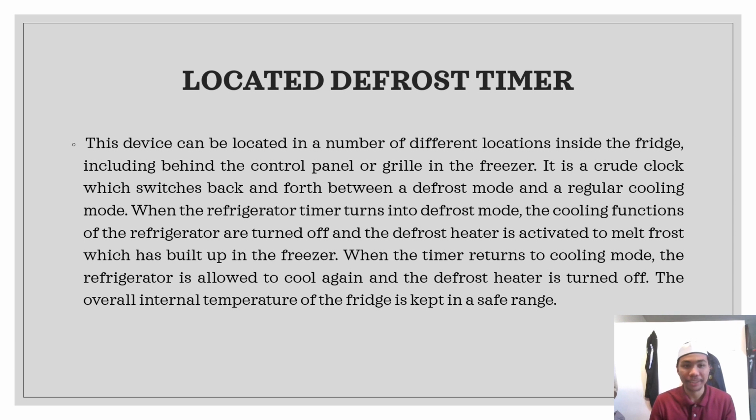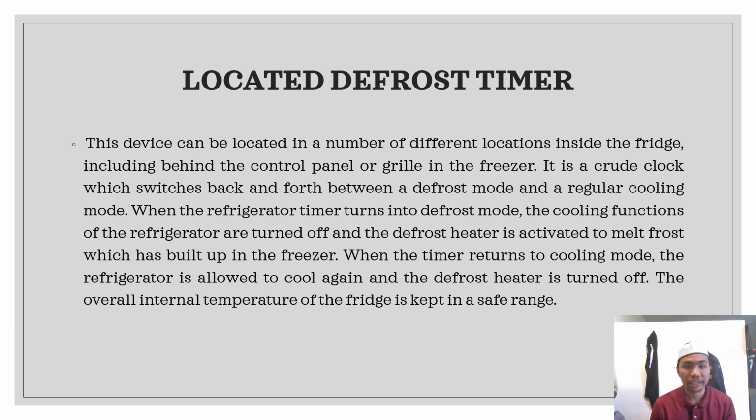Method of the defrost timer. This device can be located in a number of different locations inside the fridge, including behind the control panel or grill in the freezer. It is a crude clock that switches back and forth between a defrost mode and a regular cooling mode.